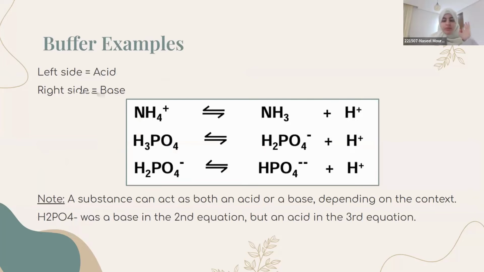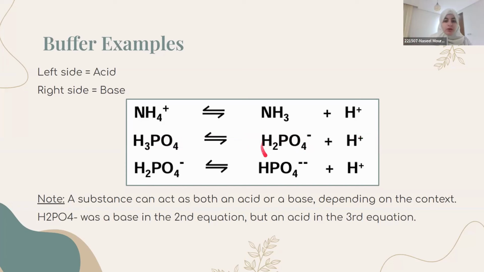All right, so here are some examples of buffers. On the left side you have the acids, on the right side you have the bases, and these are the hydrogen ions. Here you can see that NH4 plus dissociates into NH3 and hydrogen. In the second equation, H3PO4 dissociates into H2PO4 minus, so the H went down by 1. Here you have 3, here you have 2, and the third one became the hydrogen ion.